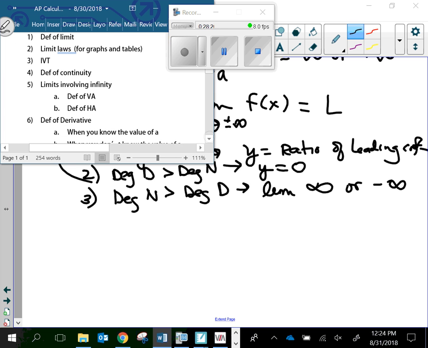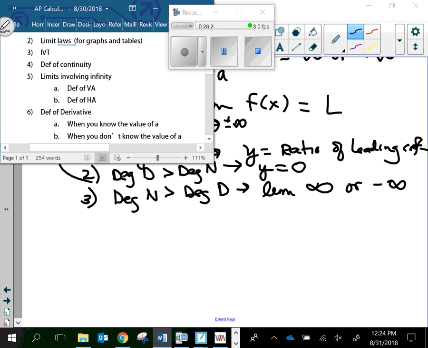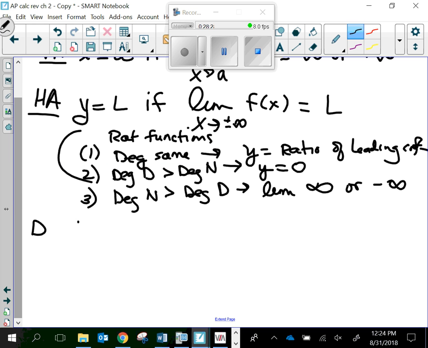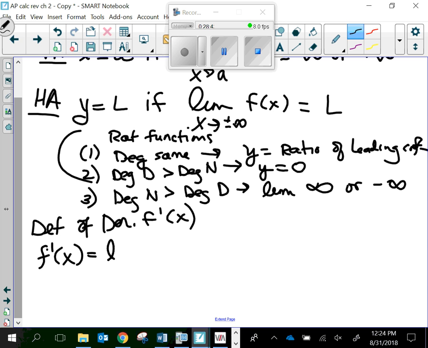What's next? Definition of derivative when you know the value of A, when you don't. I could not get that space to go away. I tried. Definition of derivative when you know the value of A. What is it? F prime of X equals what? Limits.